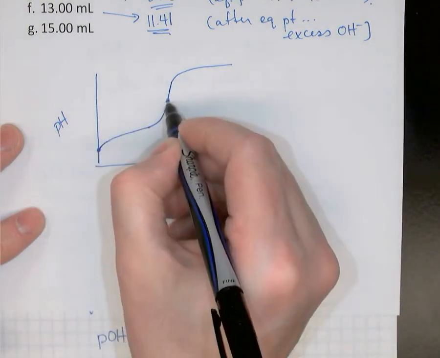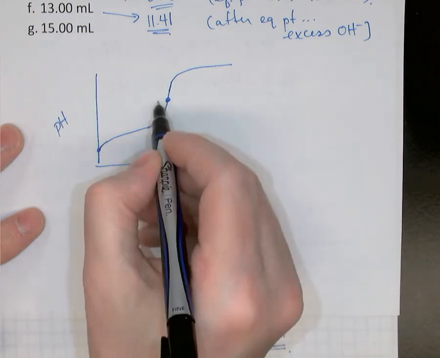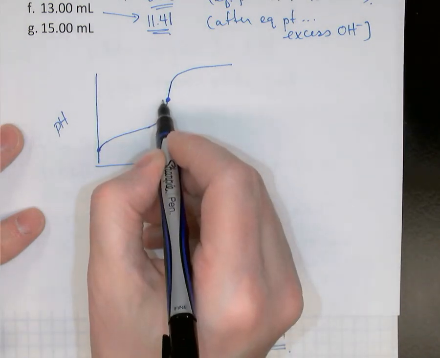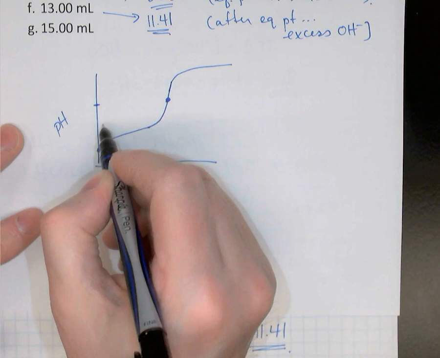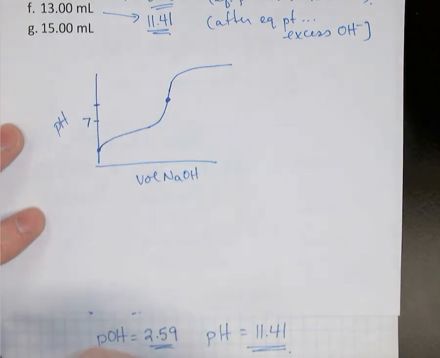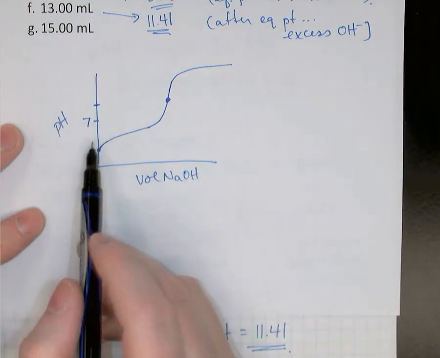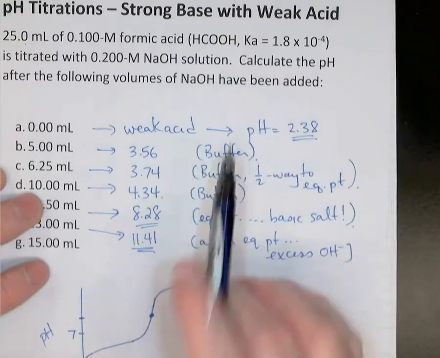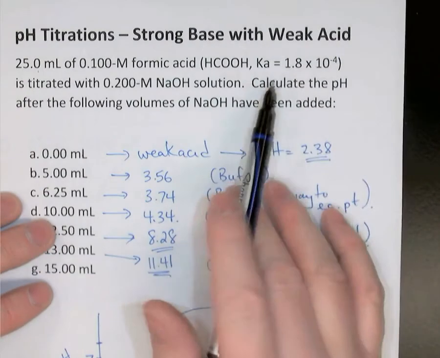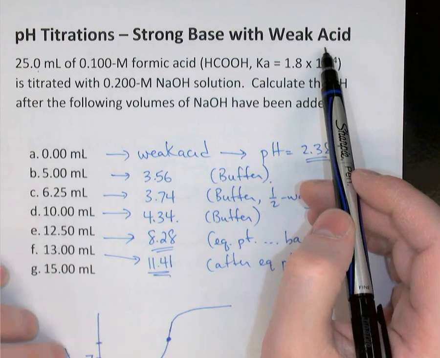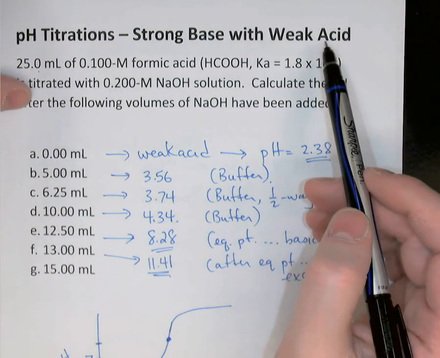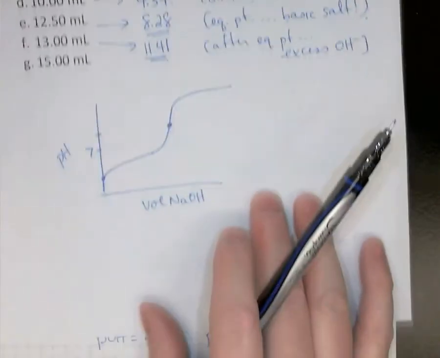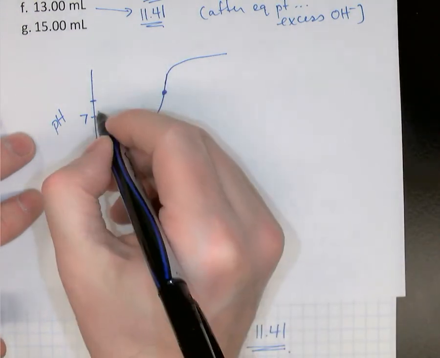The pH at the equivalence point, in the midpoint of that jump, in a weak acid strong base titration is always going to be above 7. So 7 is neutral. In a weak acid with a strong base titration, you're always going to have the conjugate base of the weak acid present, and that weak base will make your pH at the equivalence point basic.